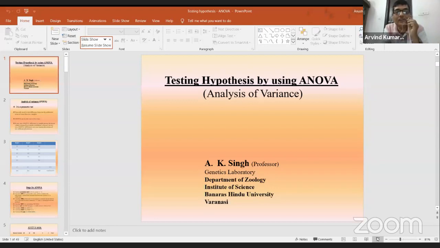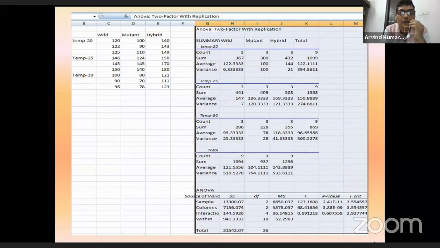Okay, so in this table you can see in the lower side. Now please see the bottom table where ANOVA is written. What we are observing is that the F value, that is 127.16, is very much higher than the table value 3.55.